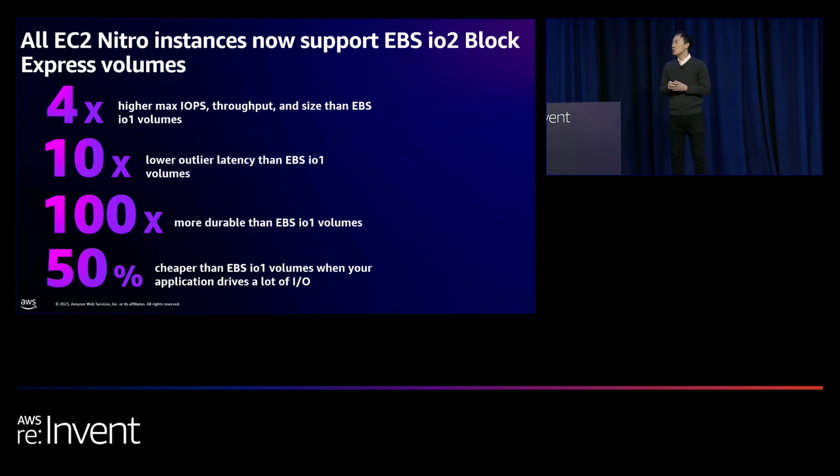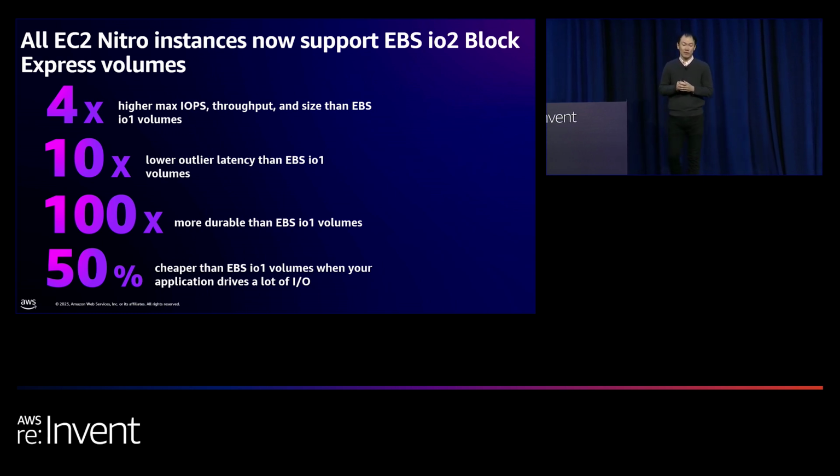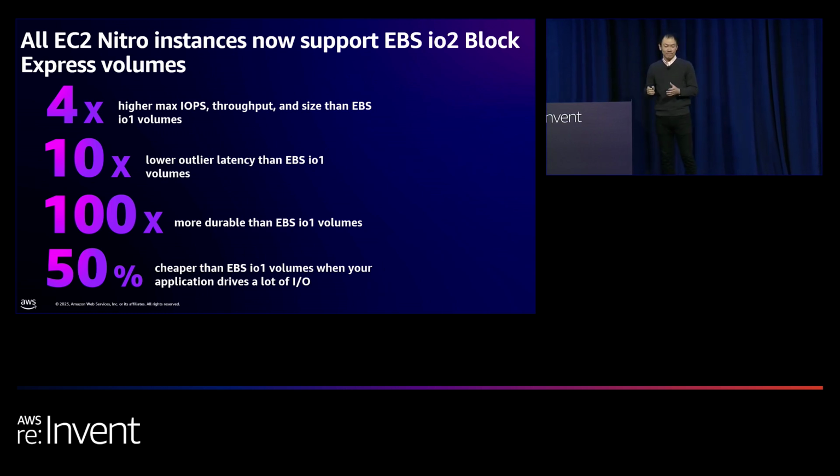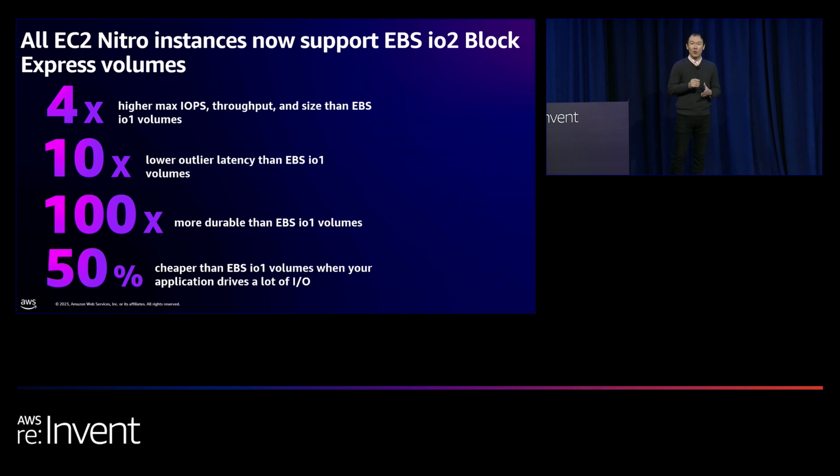Now, all the EC2 Nitro instances support the EBS IO2 Block Express volumes. What does that really mean? Well, if today you provision and launch a new IO2 volume, it will be running on the Block Express architecture and provide you high performance and low latency.